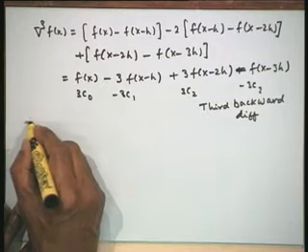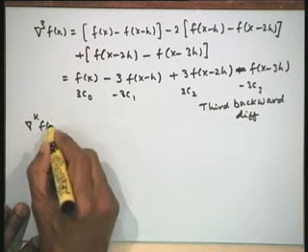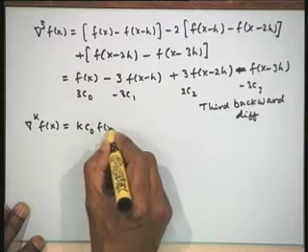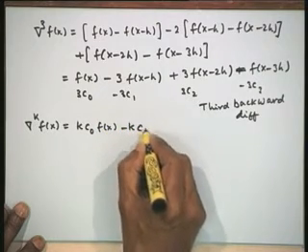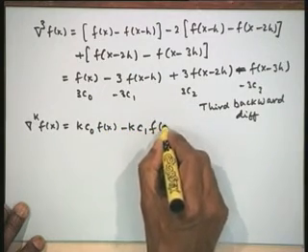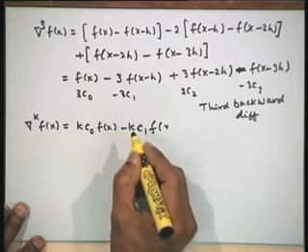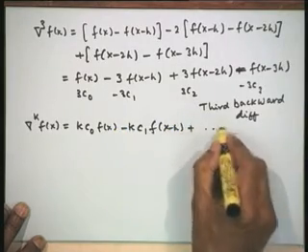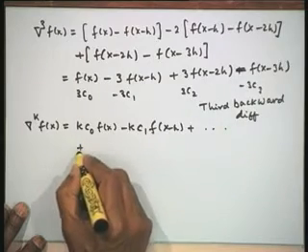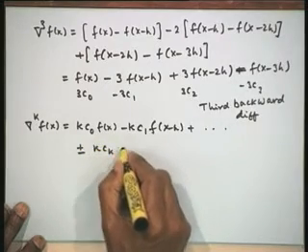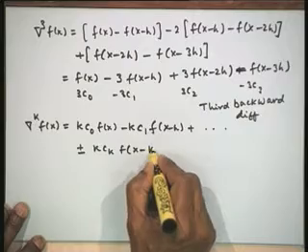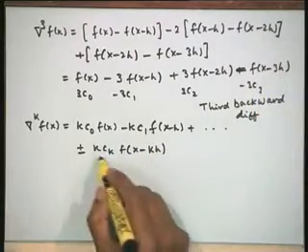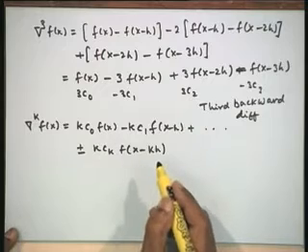Therefore, if I am writing a kth backward difference, I will start with k C naught f of x, minus k C 1 f of x minus h, plus so on, and lastly I will have plus or minus k C k f of x minus k h. The last one will be f of x minus k h, and I will write it as plus or minus k C k.